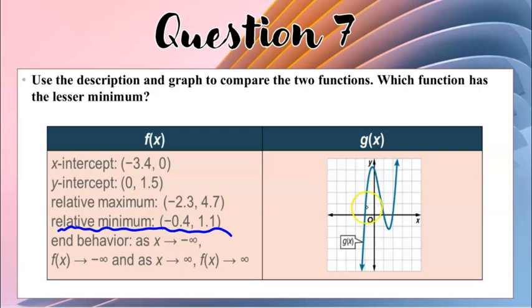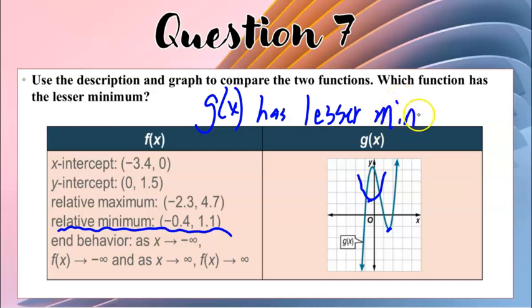So that would be roughly here. That would be the lowest point in that function, so f of x. And here's where g of x is. They have a minimum here. So we would consider g of x as the lesser minimum.